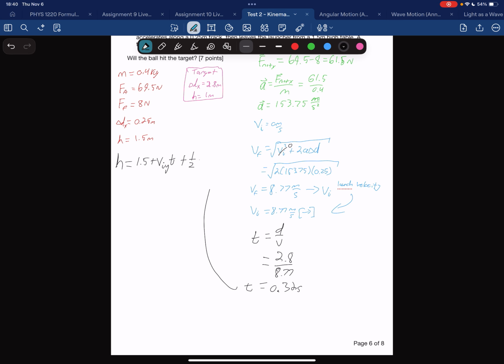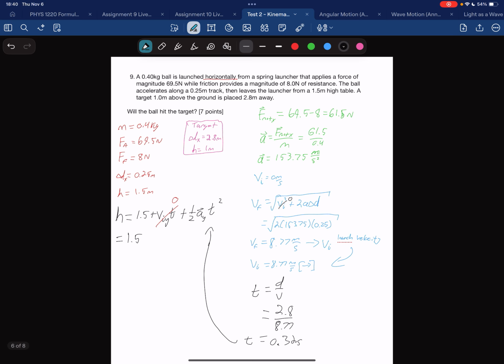Plus 1/2 times the acceleration in the y direction times time squared. And plugging in some numbers, the initial velocity in the y direction is 0. Remember, this is launched horizontally. It's not launched up or downwards, so the initial velocity in the y direction has to be equal to 0. So we can ignore that term. Great.